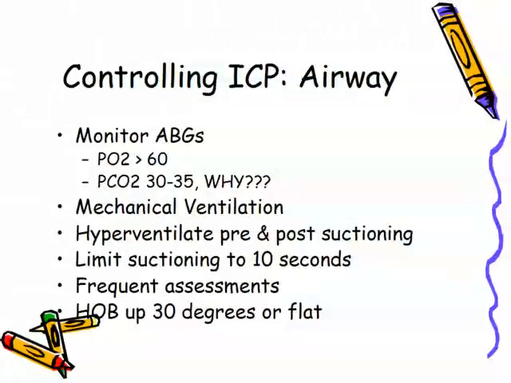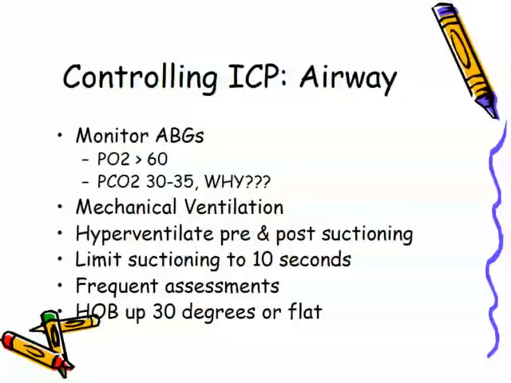And remember, the reason for that is high oxygen levels and low CO2 levels tend to cause vasoconstriction, which would help to decrease all of that extra pressure within the brain. So we want to keep the patient somewhat vasoconstricted, but we don't want to vasoconstrict them to the point where they're going to have anoxia to the brain.